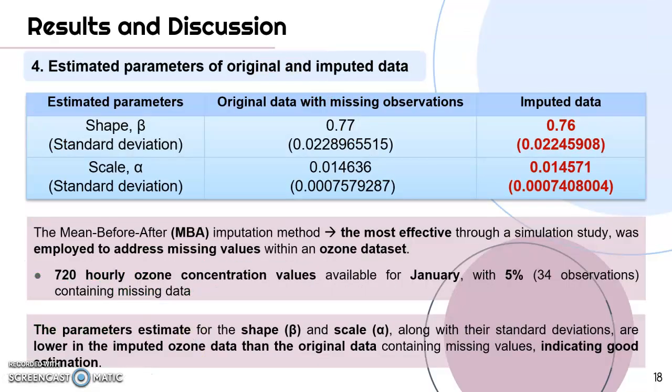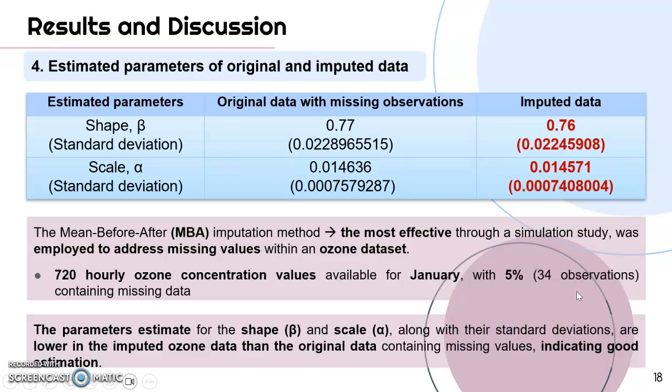Okay, this is the result for the estimated parameters of the original and imputed data. This is the original data with the missing values, and this is the imputed data, the one where we applied the MBA method, the best method just now. This data consists of 720 hourly ozone concentration values available for January, with 5%, or 34 observations, of missing values.